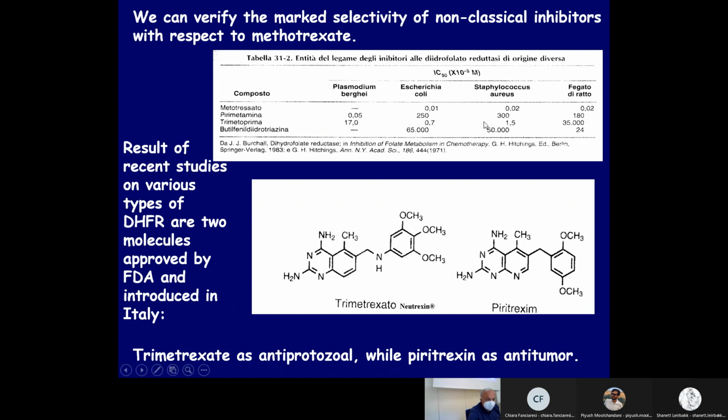The same activity against Staphylococcus aureus, but if you see 35,000 against rat liver cells. So trimethoprim is not toxic. We can use this compound against Plasmodium, against different strains of bacteria, without any toxicity for mammalian cells. This is very important.